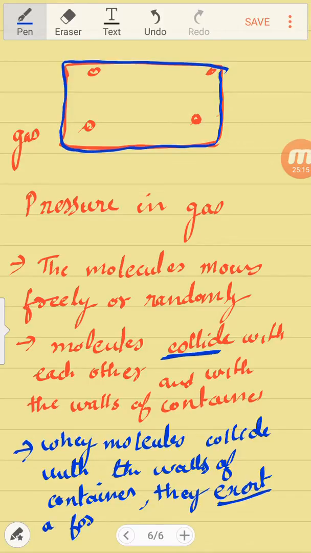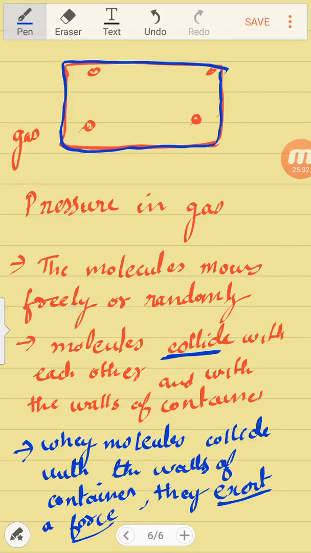What do they exert? A force. When do they exert a force? When they collide with the wall of the container. So you have to write this point.